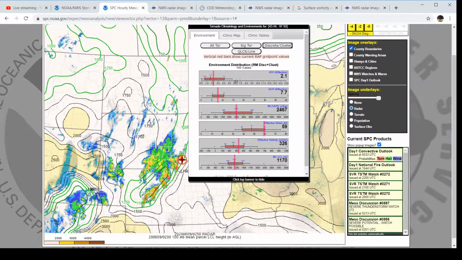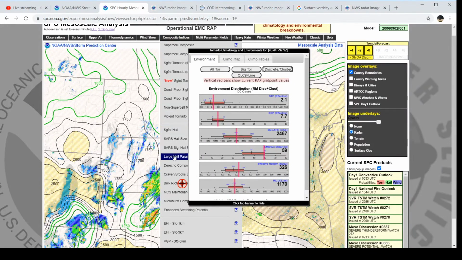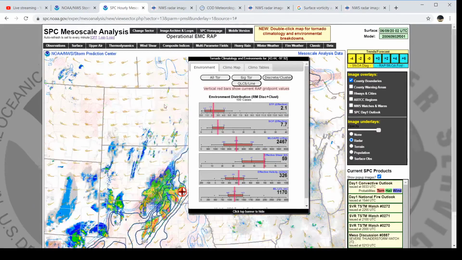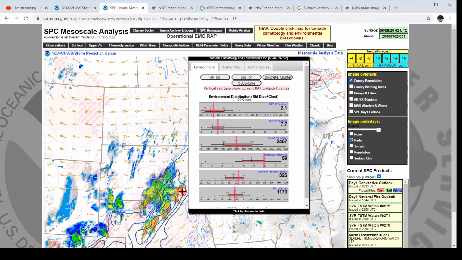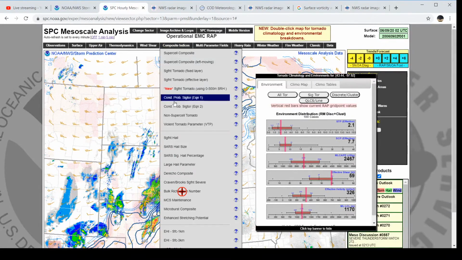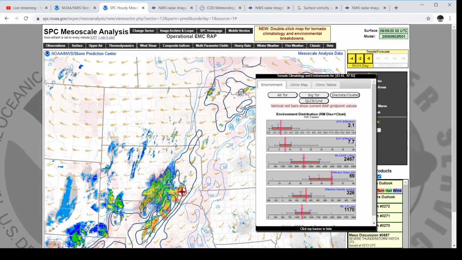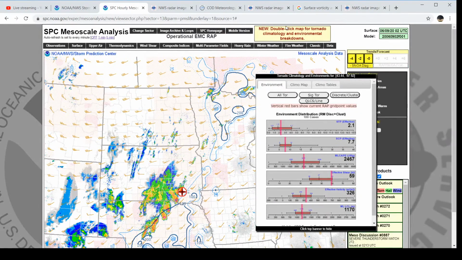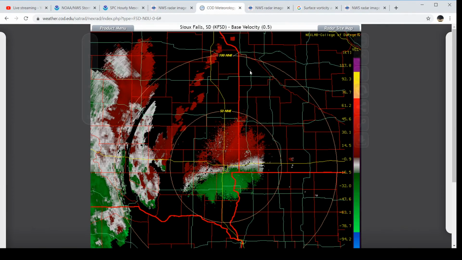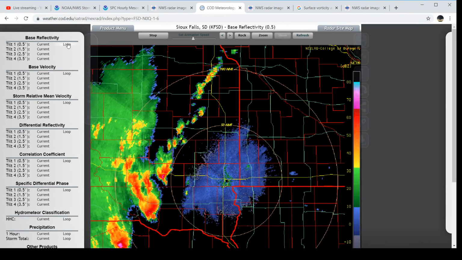Let's do screen clusters. Oh wow. Effective helicity. Let's see if this is true. Effective helicity, about 300, yeah. Huh. Look at that. It'd be interesting to see if we get a tornado report with the storm. So it almost hits everything you need.